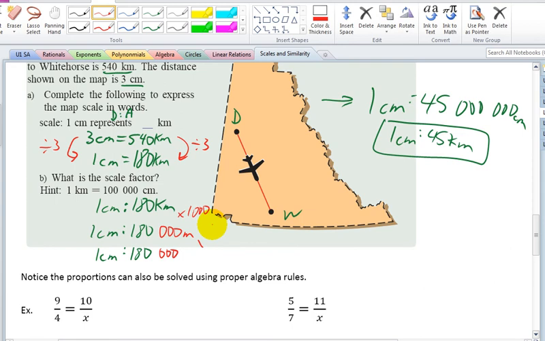Times by 100. So then we're going to add 2 zeros on here. Use some commas to help you separate it. And so now you can say 1 centimeter represents 18 million. Okay. Notice they're commas and not decimals, Nadia.